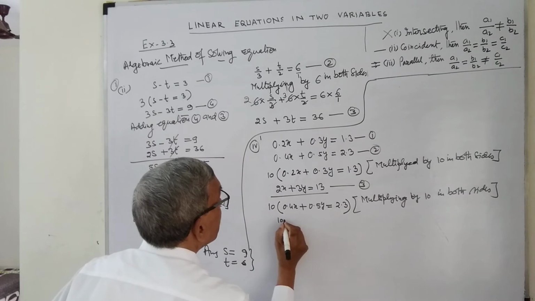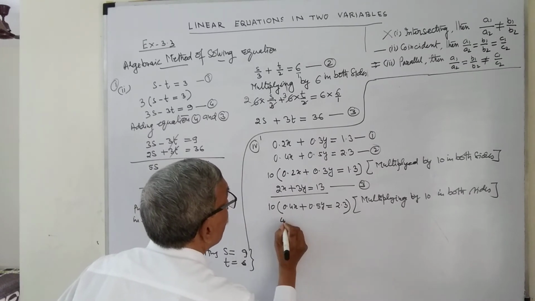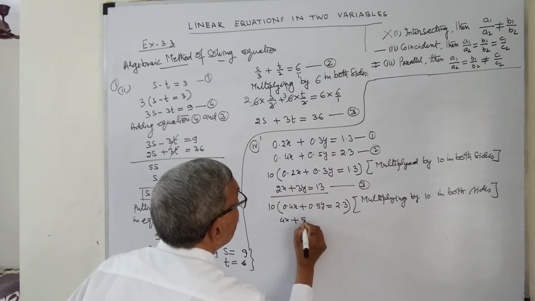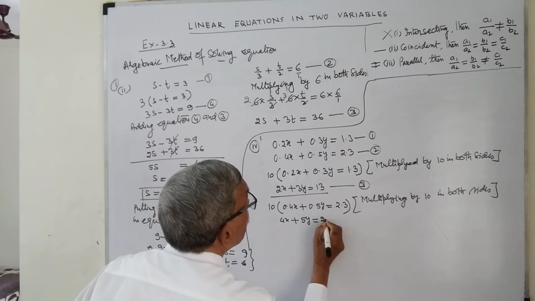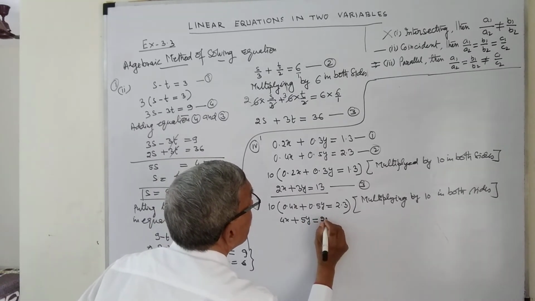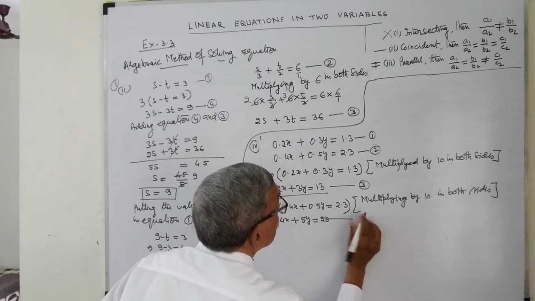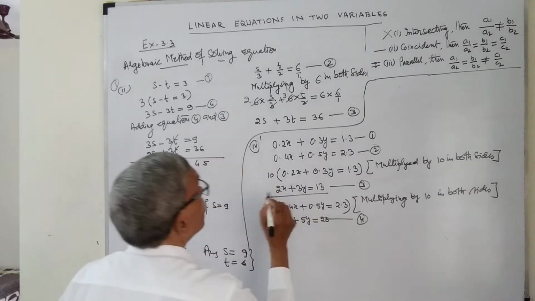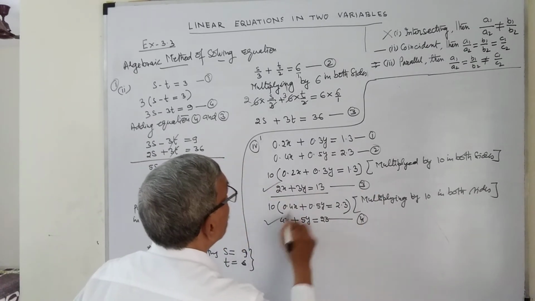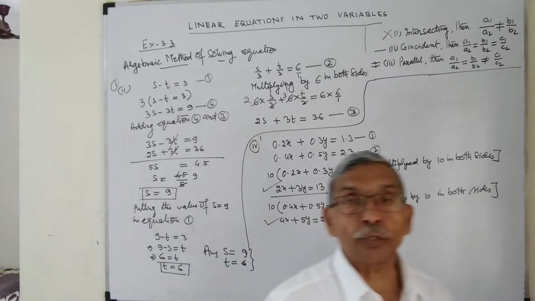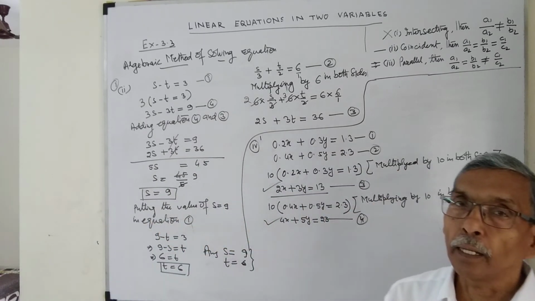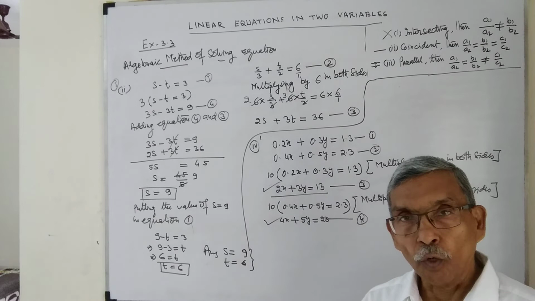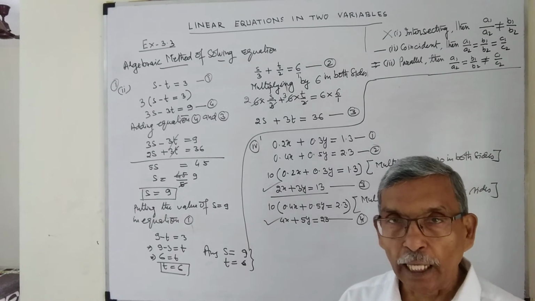So it will be 4x plus 5y is equal to 23. So this is equation 4. So you will solve your sum by taking equations 3 and 4 by the elimination method. I think you can do it yourself.